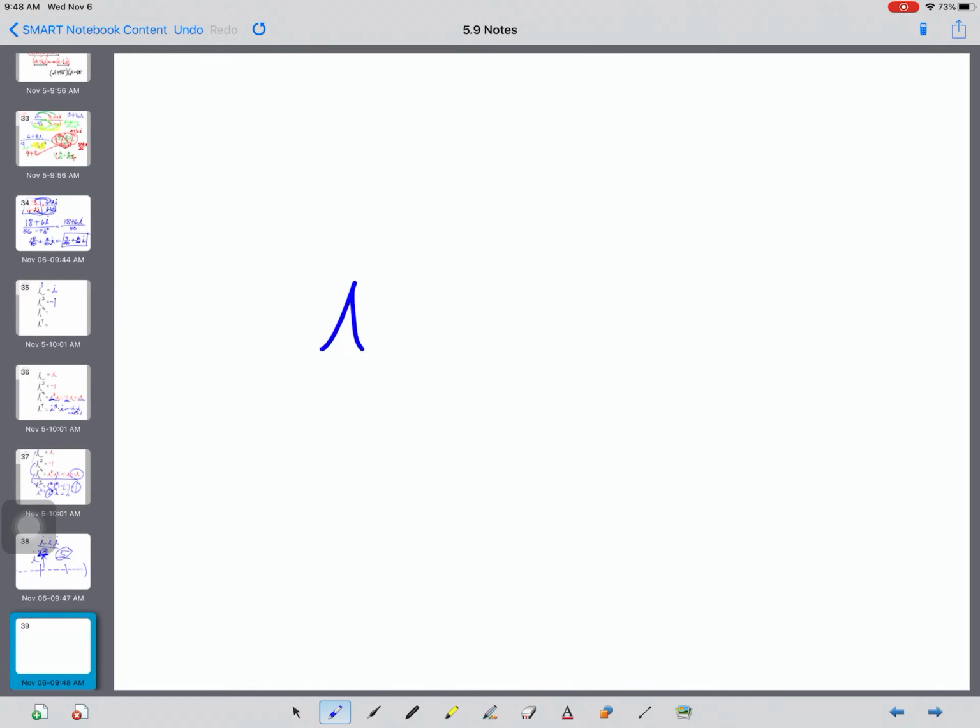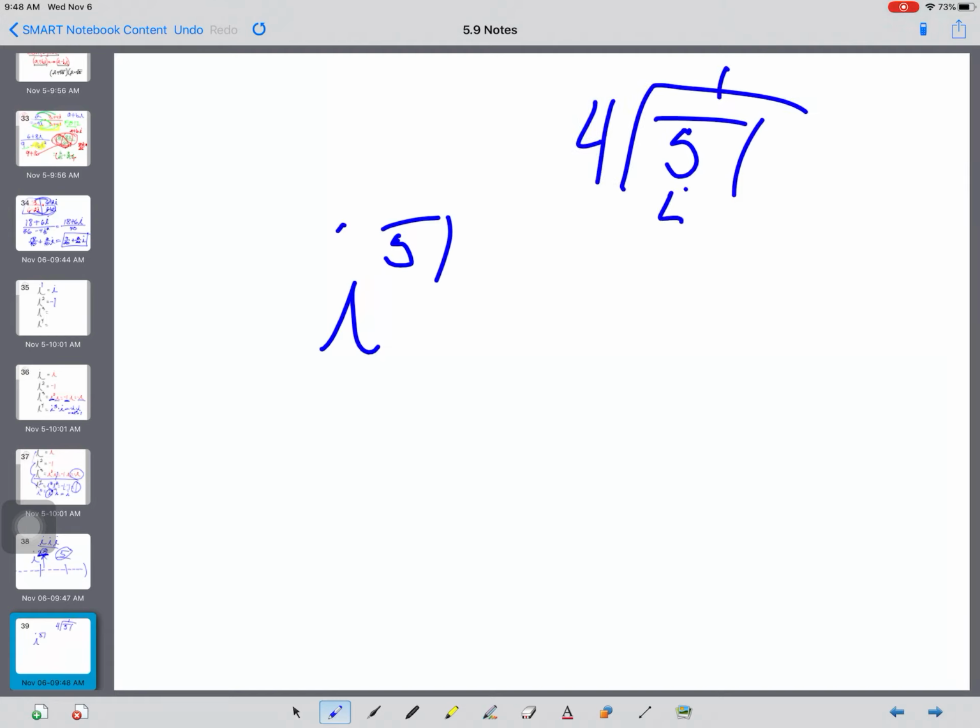What if it was i to the, let's say, 51st power? Well, 4 goes into 51. If I divide by 4, 1 times 4 is 4. Draw the line, subtract. That gets me 11. 4 goes into that twice.